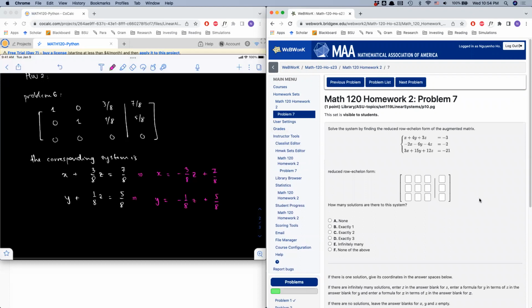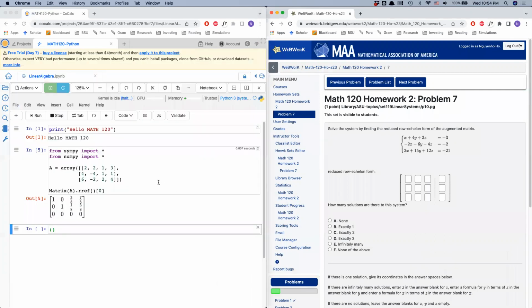So problem 7 could be very similar to what we have done so far already. Given the system, you can write down the augmented matrix and utilize Python to give you the reduced row echelon form. And then from that, you can identify the type of solutions you have, right? Either it has one solution, infinitely many solutions, or no solution.